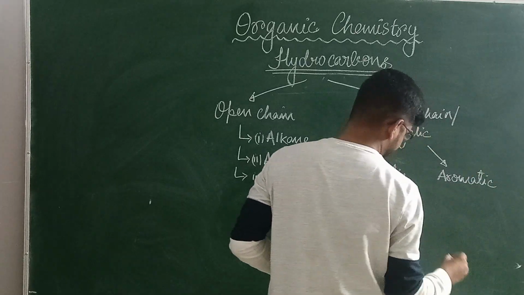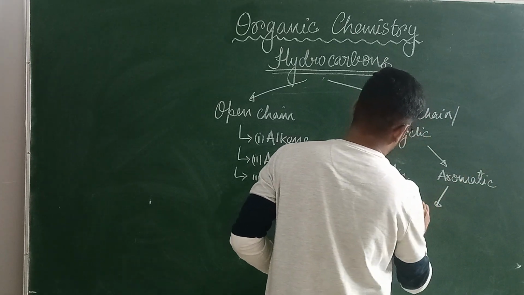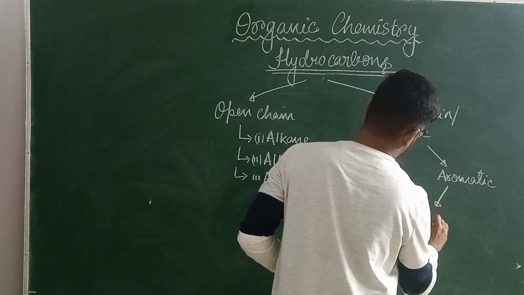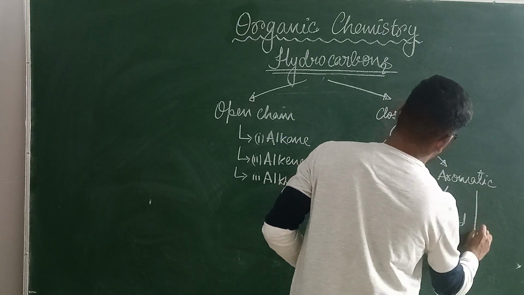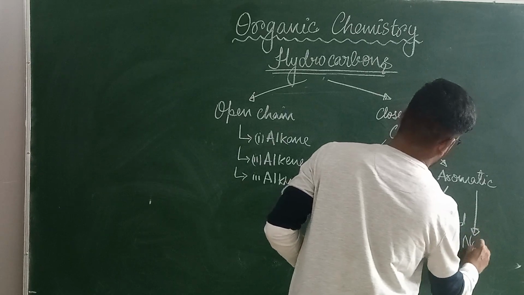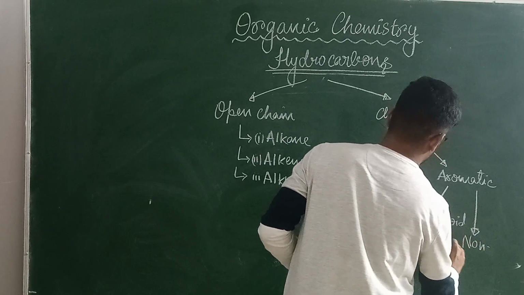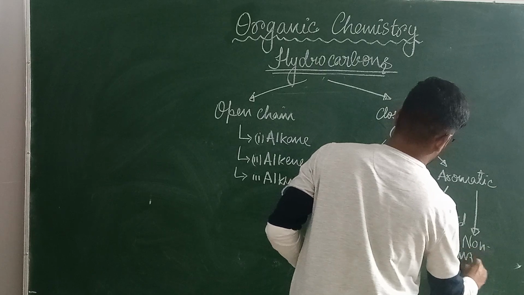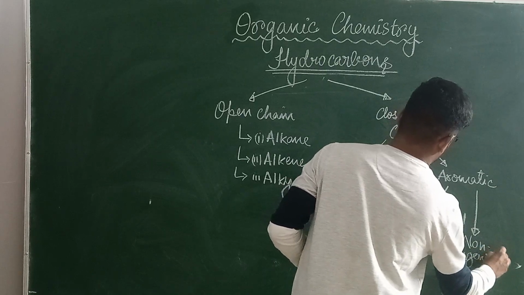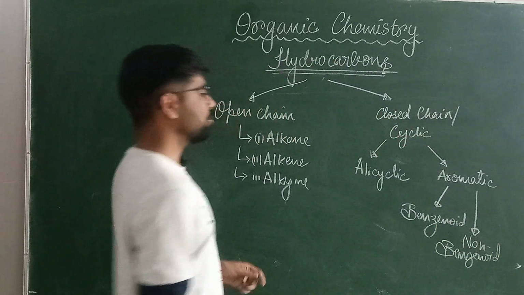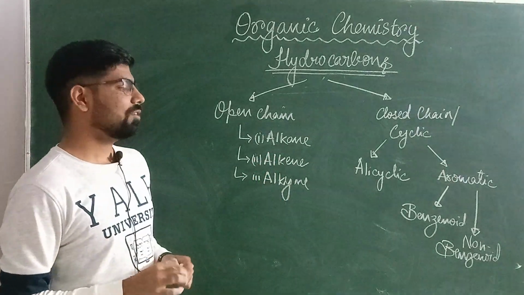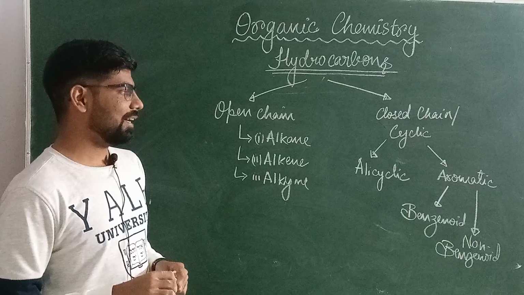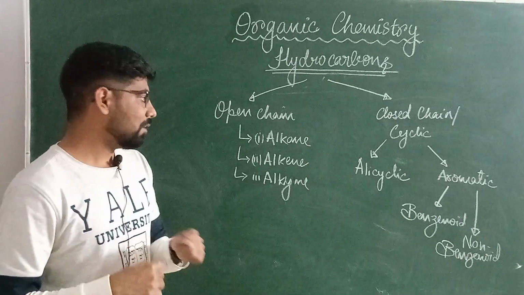And the aromatic can be classified into benzenoid and non-benzenoid. You don't have to make a note of this. This is present in every book. You just need to understand what the alicyclic and what the aromatic are. We will do these one by one.